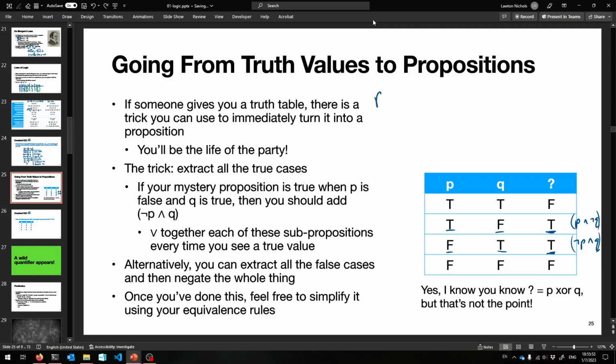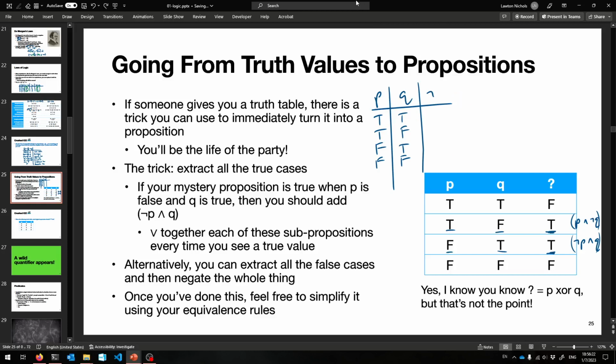Let me prove that to you. Here's P, here's Q. True, true, true, false, false, true, false, false. Let's do it in order.